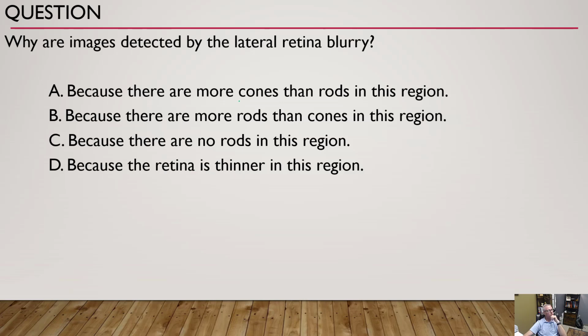All right, so your answer is going to be B. It's blurry because you're going to have more rods than cones. Remember, cones produce sharp vision, so answer A is out. We're going to have more rods than cones in this region, so answer C is out. The retina is not thinner, so the answer is B.